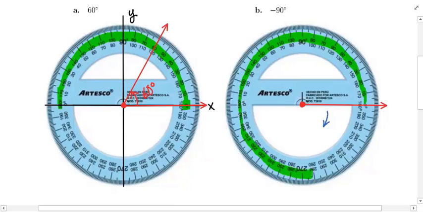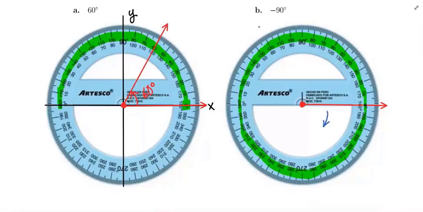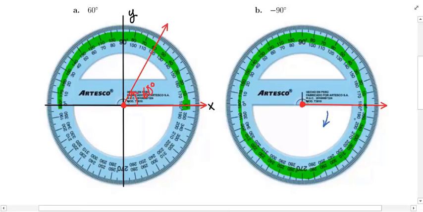I'm highlighting them in green, and you can basically ignore the bottom set of numbers. If you are traveling in the clockwise direction, you see numbers like 350, 340, 330, 320, and so on. You don't see 90 until you rotate all the way back up here.